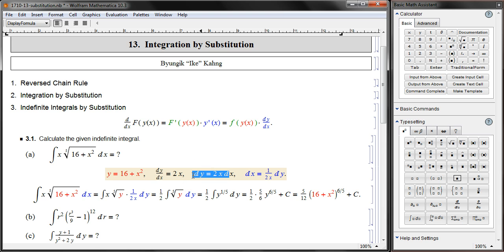Flip the denominator to the other side and then solve for dx. Why? Because we have dx over here. We want to replace it with a y expression. And we do that. The blue part is substituted in place of dx. The red part is substituted in terms of y like this.